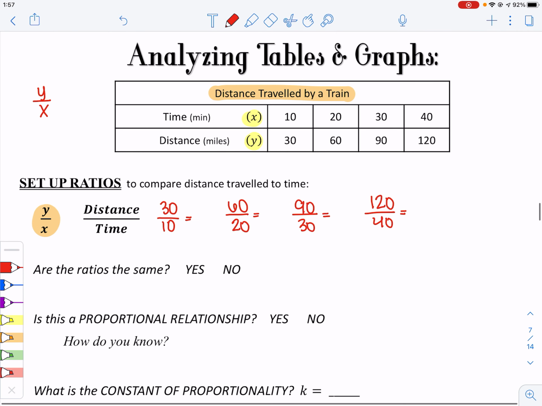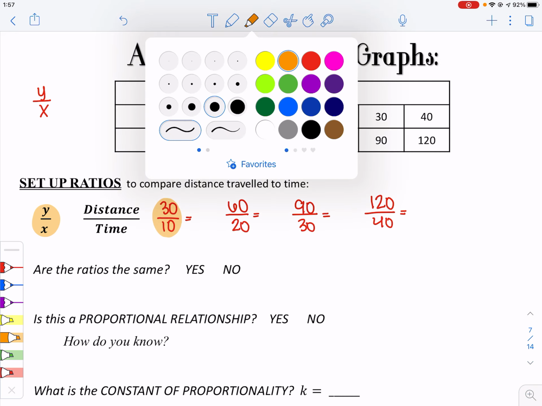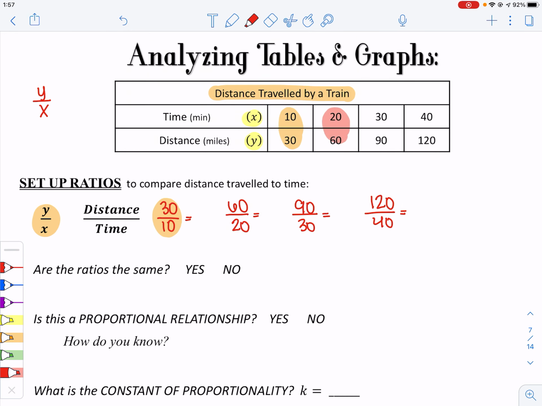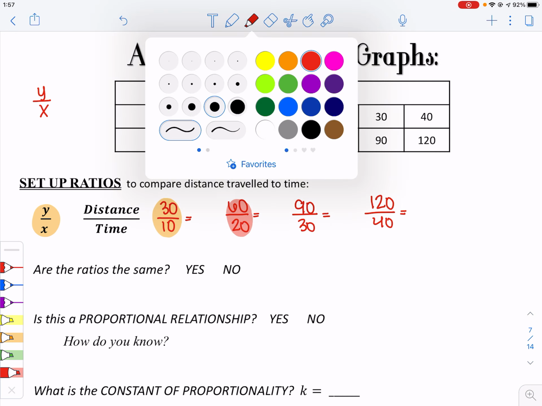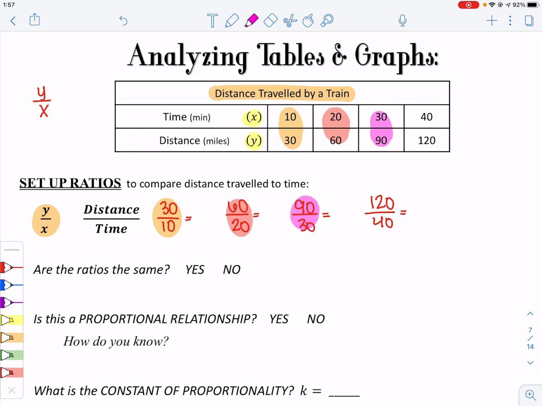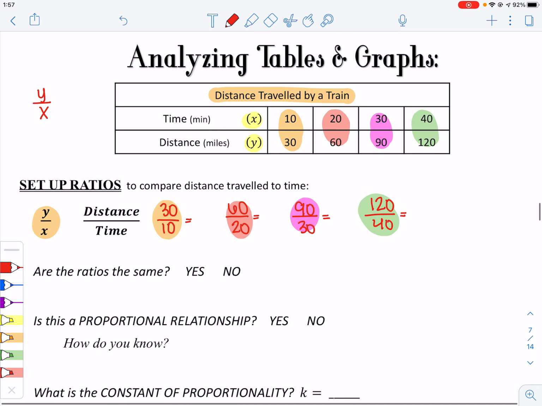So all I did is I just took the table and this first set of data I put here, but remember it's y divided by x, then take this, y divided by x, do this, y divided by x, then lastly you have this, y divided by x. So go ahead and figure out what you get for your ratios. When you divide them, you don't have to keep it as a fraction. If you get a whole number, you can just keep it as a whole number. When you do the y value divided by the x value for all of these, what do you get?